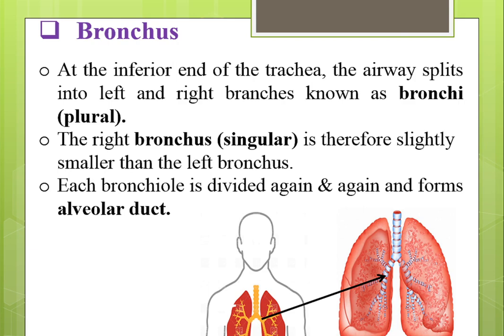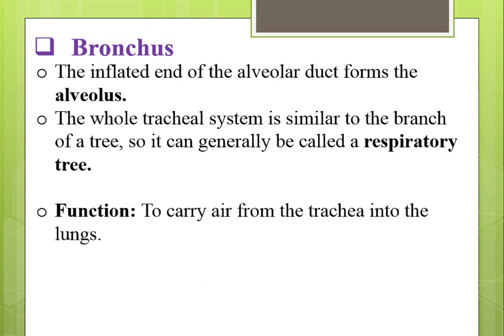Each bronchiole, which is created from the bronchus as a smaller part, is divided again and again and forms the alveolar duct. The inflated end of the alveolar duct forms the alveolus, and the alveolus is the structural and functional unit of the lungs.